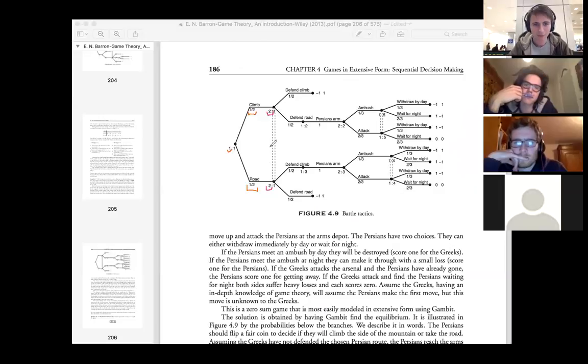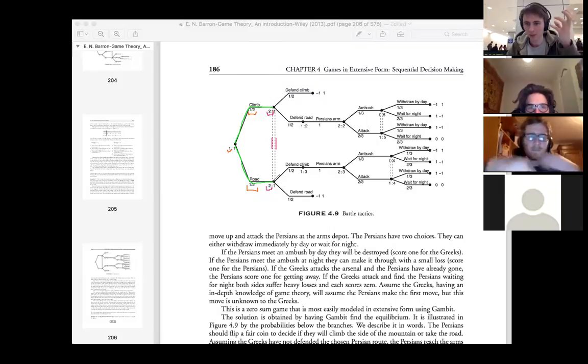If you see, this is part of the same information set. From Greece's perspective, both of these paths, they could have either climbed; they're not going to know, they won't be able to make their choice after the Persians move their army, right?